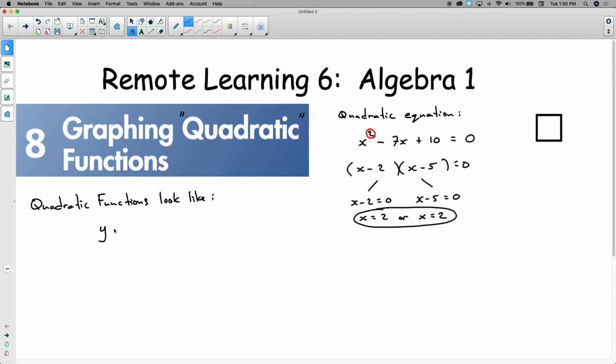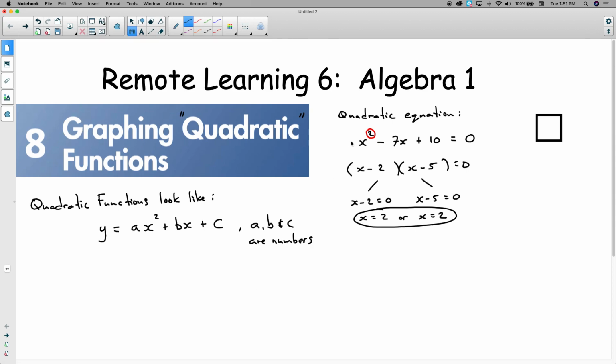Okay, so they have an output that is obtained by putting an input in for the x and computing. So A, B, and C are numbers.